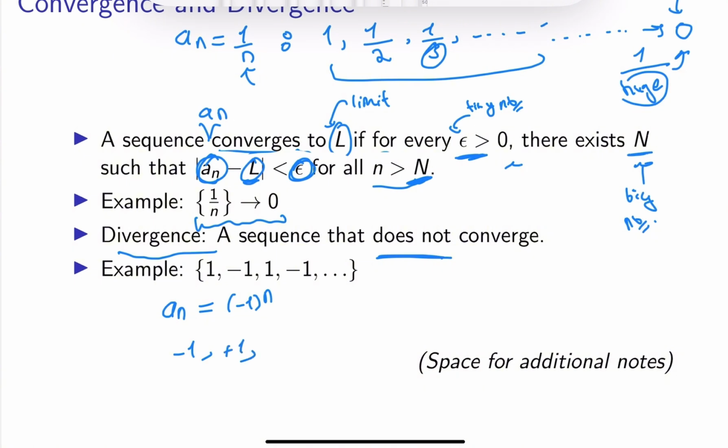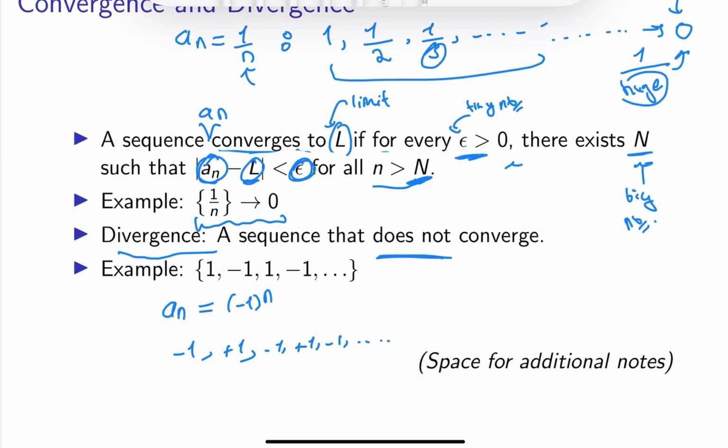And then at index 3, we have (-1) cubed. But what is (-1) cubed? Well, it's just -1, and so on. You will see that this sequence is alternating: +1, -1, +1, -1, and so on.